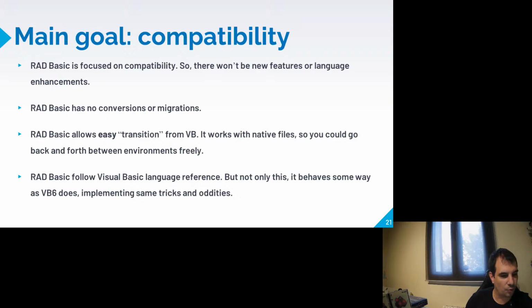So I don't want to talk about conversion or migration. I want to talk about transition. RAD Basic allows easy transition from Visual Basic. In fact, as it works with native files, you could go back and forth between environments. Those are the different scenarios seen already. You could edit the files in RAD Basic and compile it. You could go to Visual Basic, do some modifications and compile in Visual Basic.